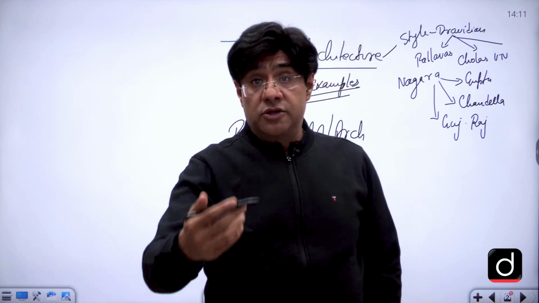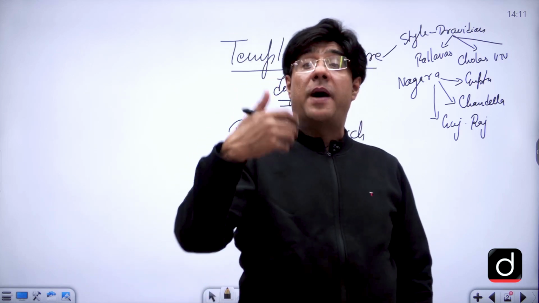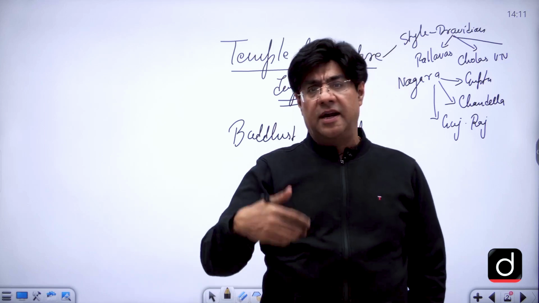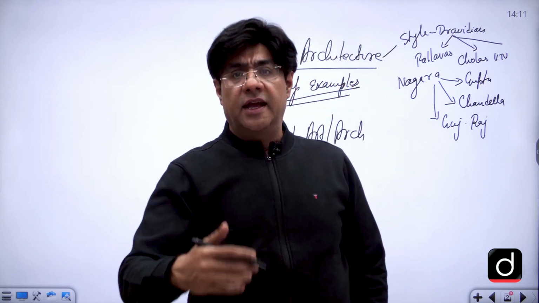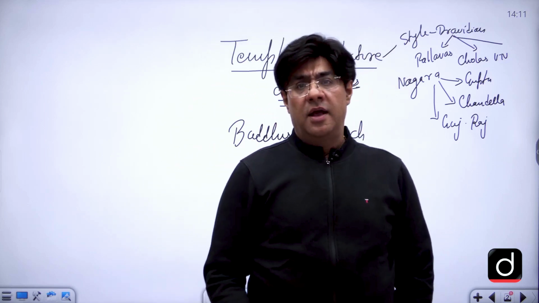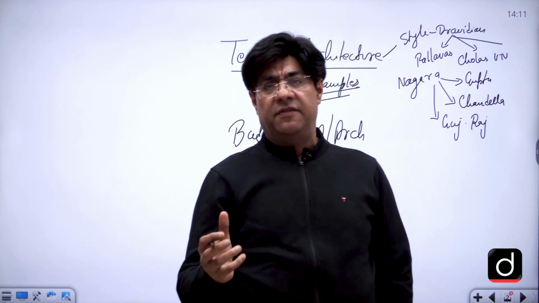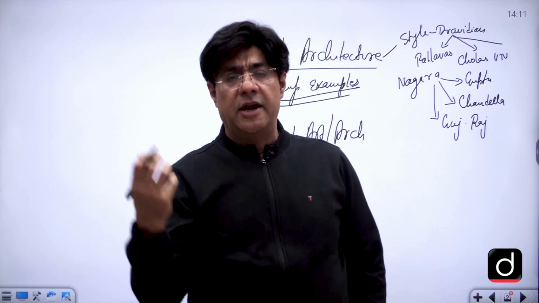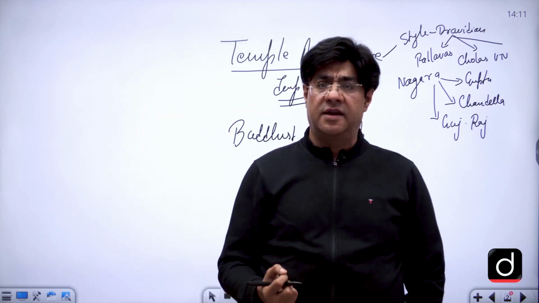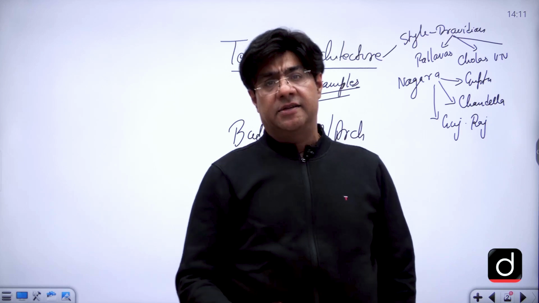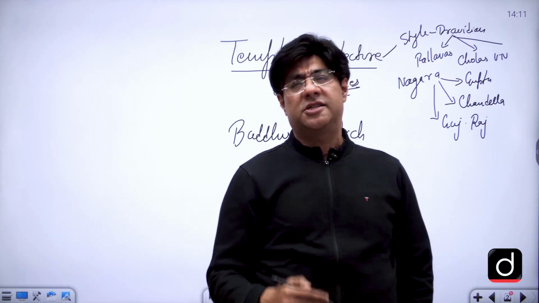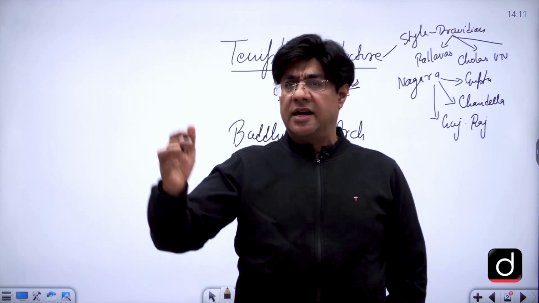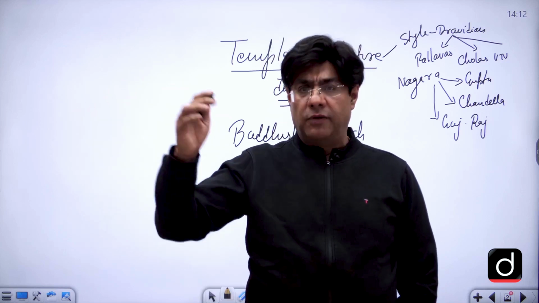Then we can also cover stupa architecture. Stupas are related to Buddhism. Then here we can do paintings also, because in most of these chaityas and viharas which are made out of rocks in the form of caves, inside them we find paintings, and most of the paintings are based on Buddhist themes. So Buddhist art can be one section or one theme.